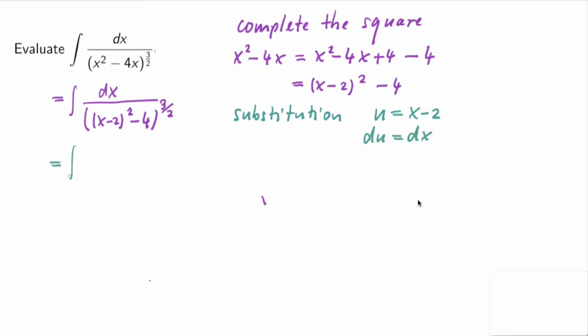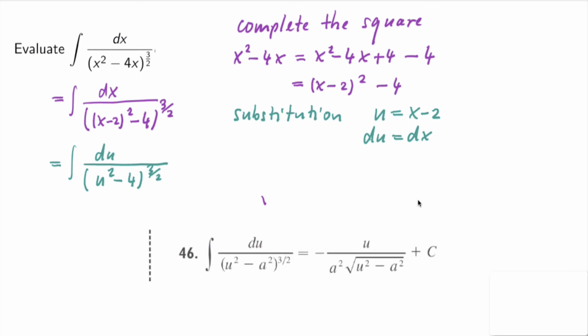Going back to the integral, we get integral du divided by u squared minus 4 to the power of 3/2. And now this is an integral which we have, which is integral 46 in the table, where we need to identify a to be 2. We can just copy this formula over here, and we get minus u divided by a squared, which is 4, root of u squared minus 4 plus a constant.